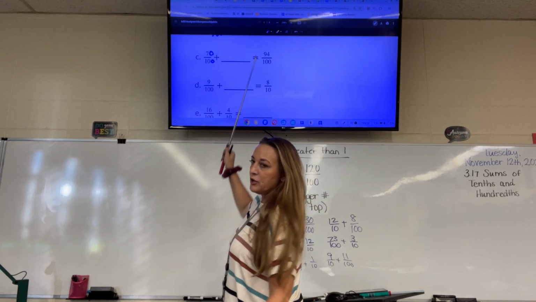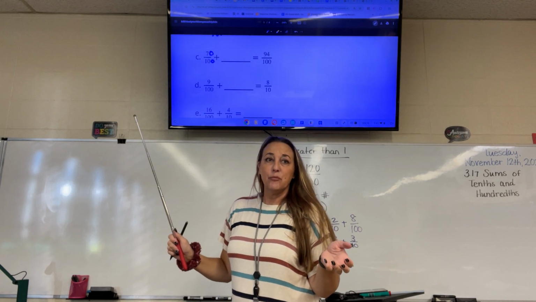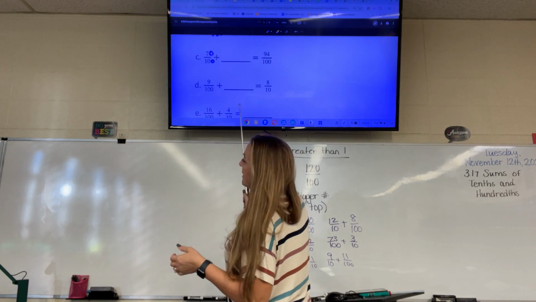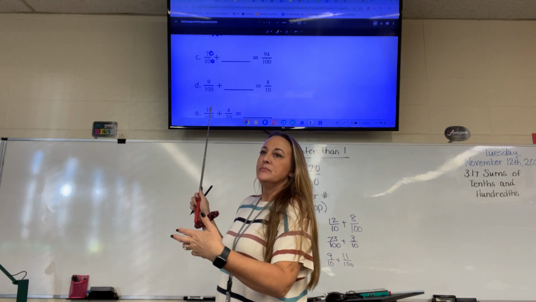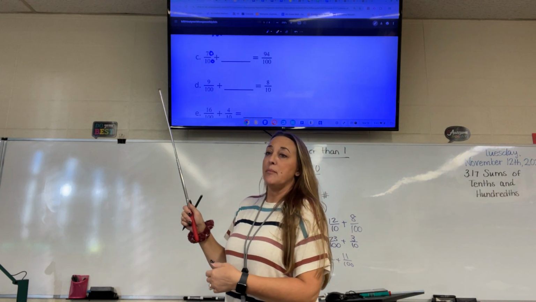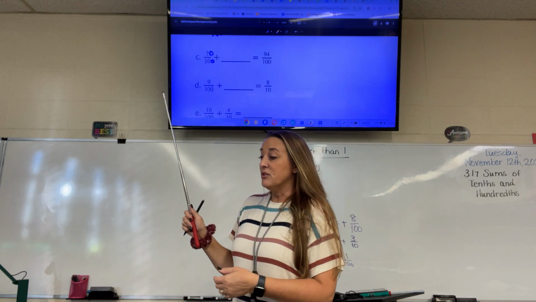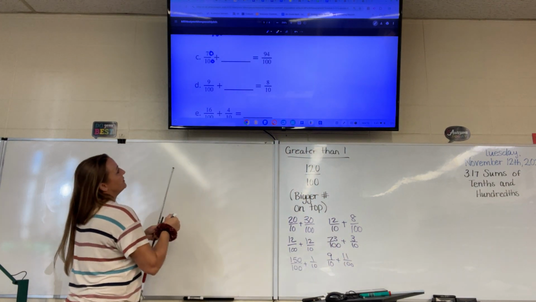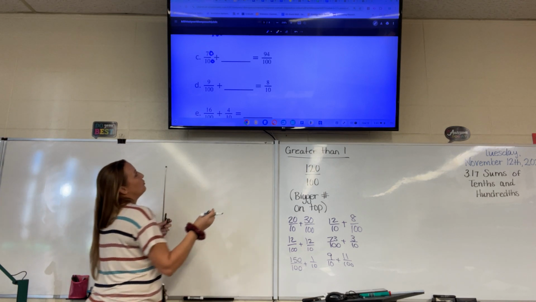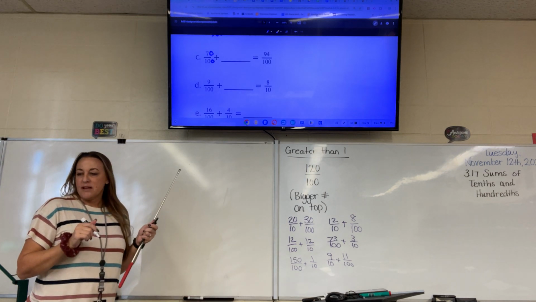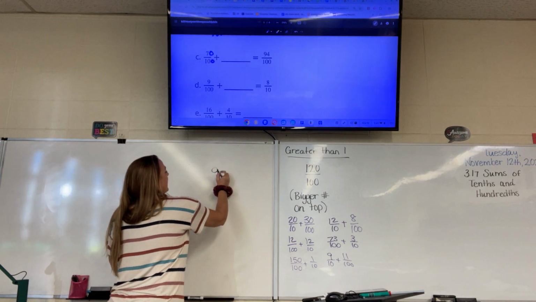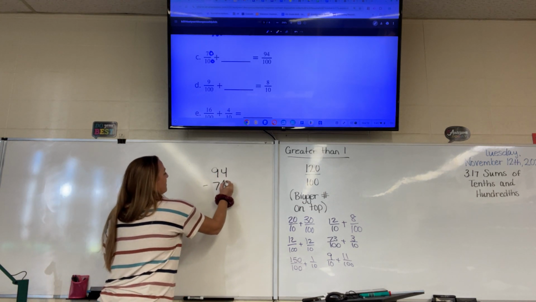When you are doing an addition problem and you're missing part of it, if it's an easy problem, Devin, you might be able to count up, but you can also subtract. So that's what we're going to do on this one, Olivia. So we're going to write, which is bigger, 94 or 70? 94. And we're going to take away 70.